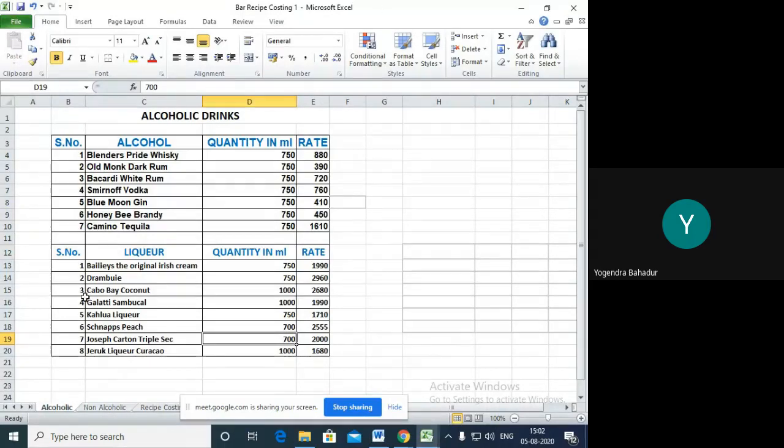In beverage recipe costings, as you see on the screen, we have three slides.